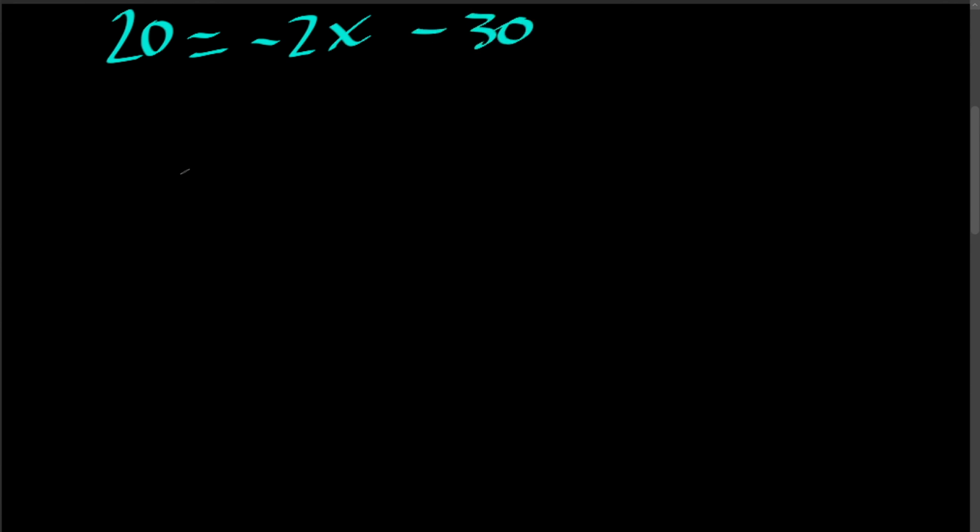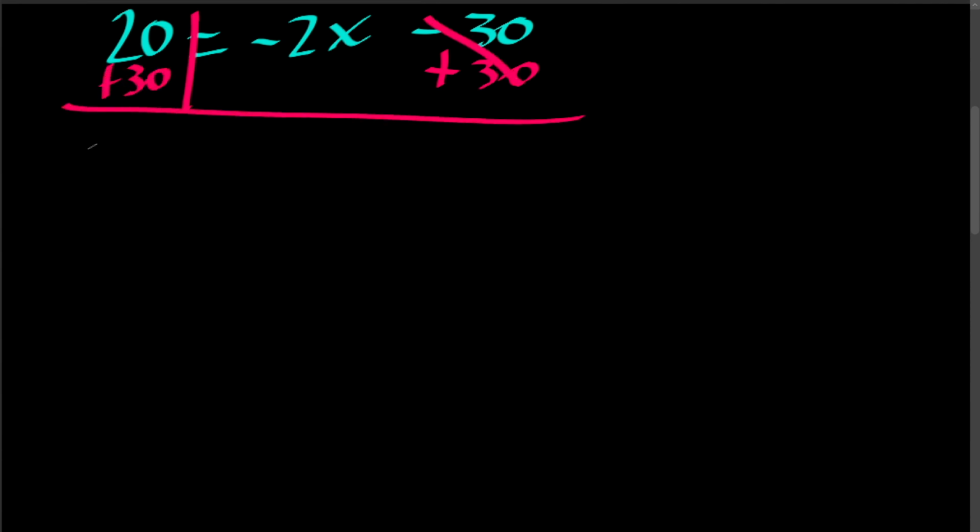All right, so now we're just going to solve. We've done our distributing, we've done our combining like terms, now we're just going to solve for x. So once again, there's two things that need to go to isolate x. Negative 2 needs to move, and so does this minus 30. Which one do we want to do first? Well, we want to get rid of the minus 30 first. We want to do the adding or subtracting portion first, except for one case.